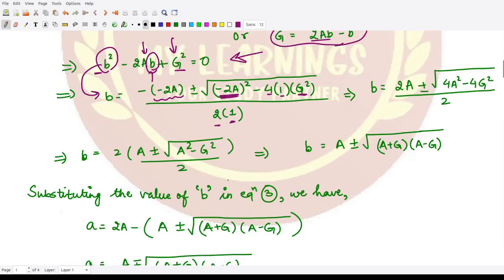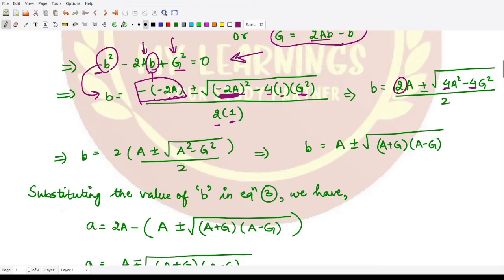Substituting the values here and simplifying, this would become 2A plus minus square root of 4A square minus 4G square, all divided by 2. So we can take this 4 common, so that when it comes out of the square root, it would be just 2.